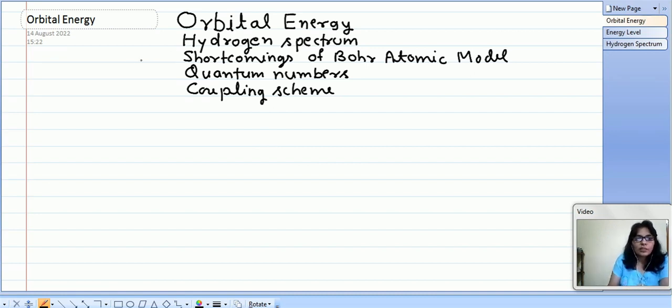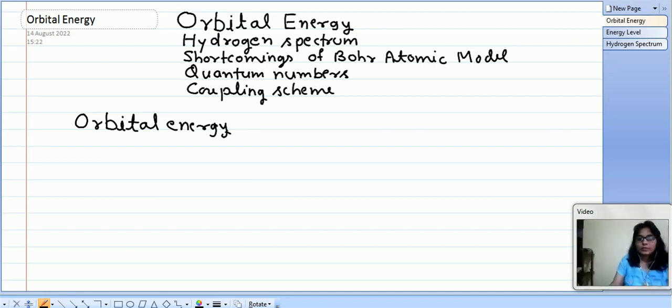So let us start with the orbital energy and put the heading Orbital energy. In the previous video, when we were discussing the Bohr atomic model, we found that there is a nucleus at the center, and electrons are revolving around the nucleus in definite orbits.